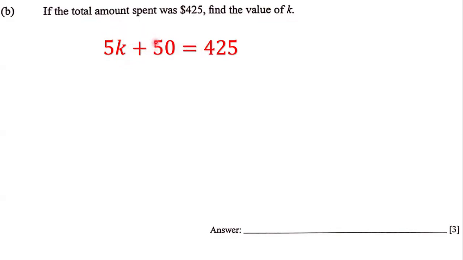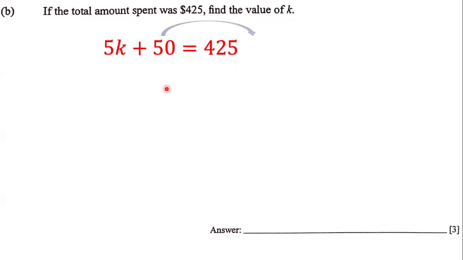And so we equate them, so that's why we have this equal sign. So 5K plus 50 is equal to 425, and these two must be equal.